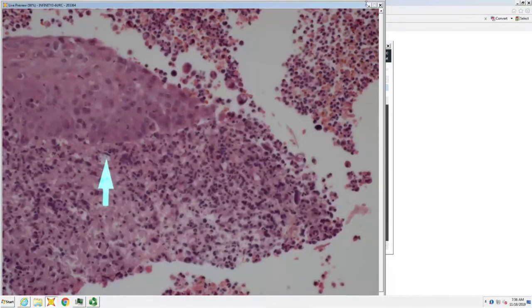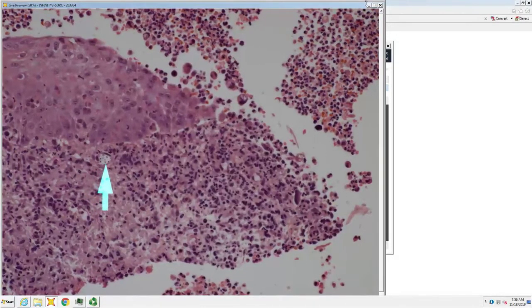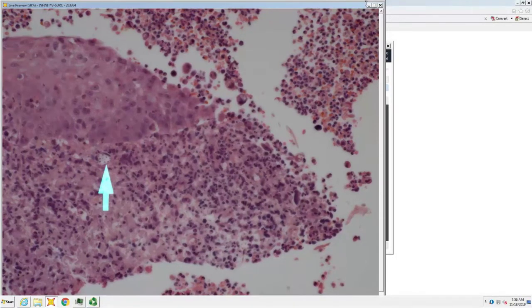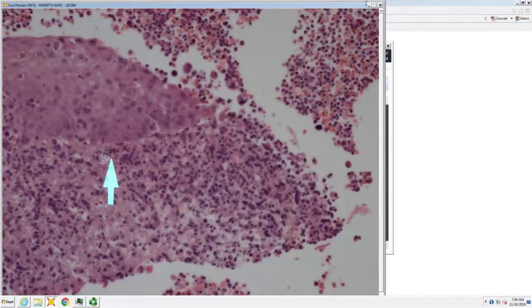So what do you think? Sorry, I was just thinking about the differential in these small organisms. Are they all uniform or are they pleomorphic? Pleomorphic.